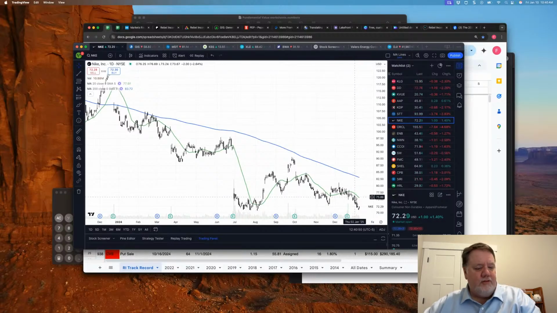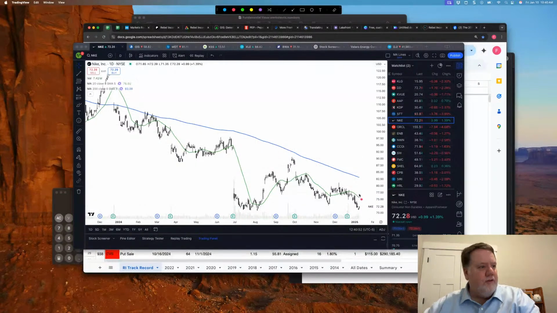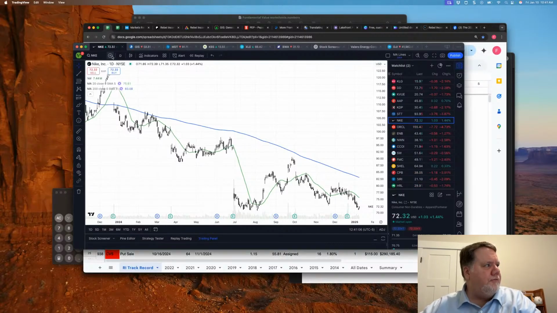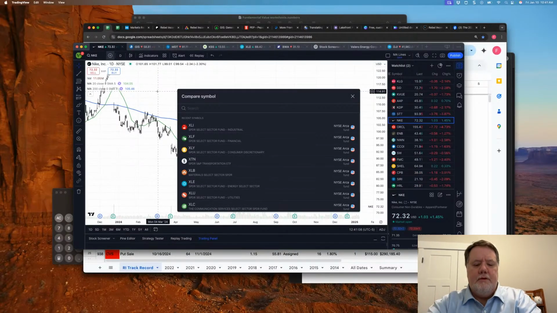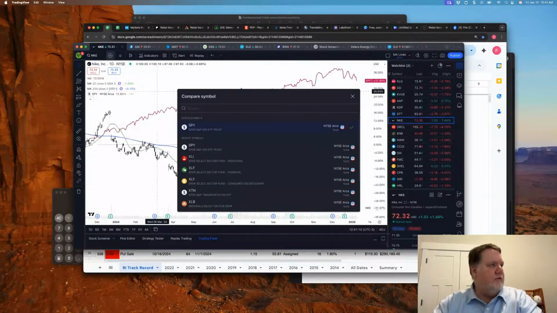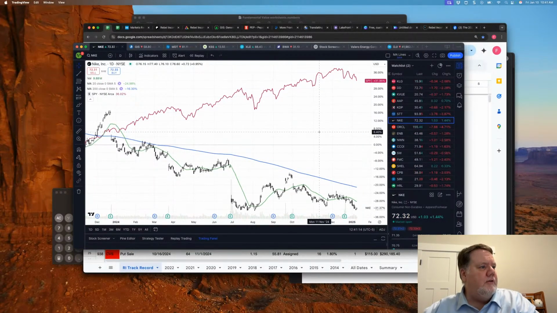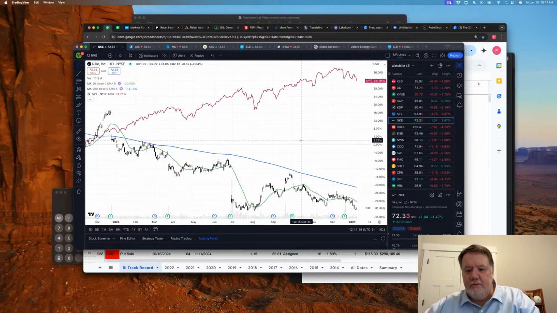But if these downward trends continue to hold, here's the 20-day, here's the 200-day, clearly down, right? Momentum clearly down. If that holds, I expect to be assigned. Well, let's go ahead and superimpose the S&P 500. So this is the SPY, and that is interesting.